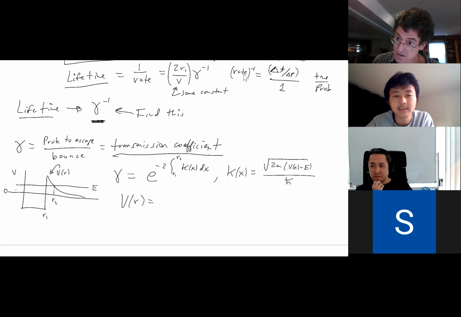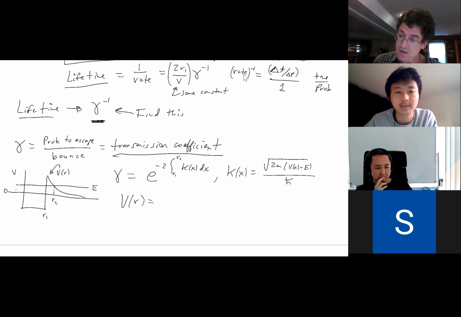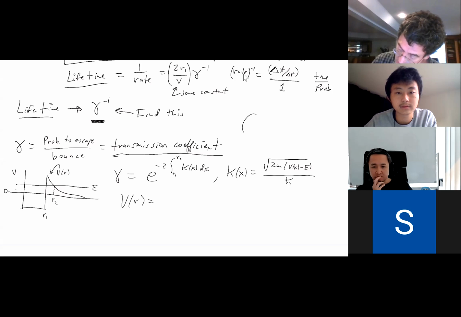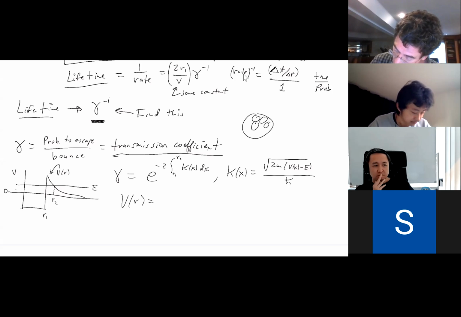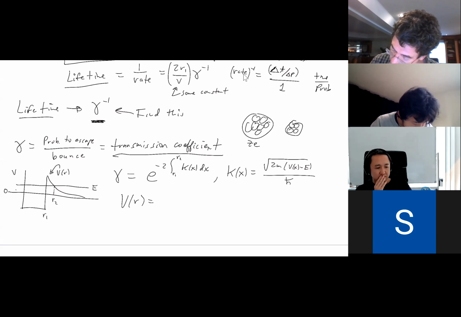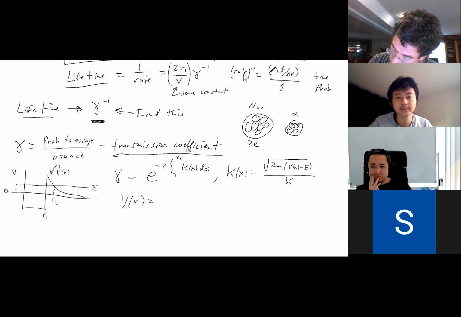It would just be the charges multiplied together divided by 4 pi epsilon r. Exactly. We have the nucleus here, which has Ze, and the alpha particle here, which has what charge? 2e.